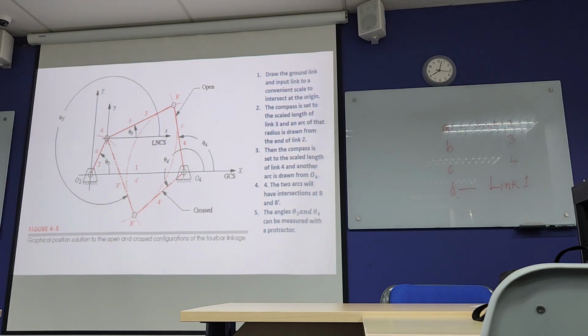Put your compass here, take the length, and draw a semicircle. After that you go to O4, because you know O4 already, and you know the length of link 4. Again measure that, and then draw this semicircle.